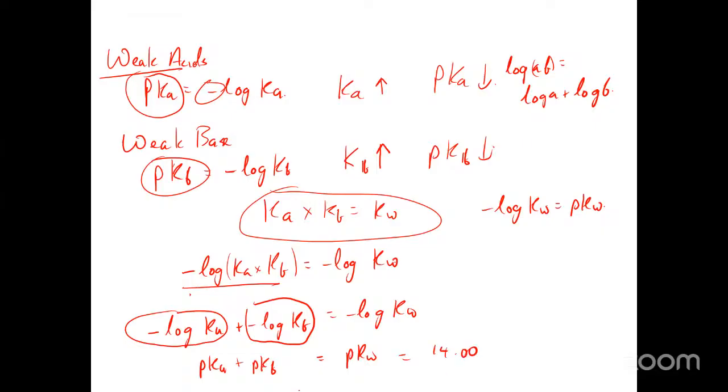So therefore, the relationship between pKa and pKb is pKa plus pKb is equal to 14.00, right? So this is one of those situations, again, where if you know one, you can easily calculate the other. If you know pKa, you can easily calculate pKb by subtracting pKa from 14 and vice versa, all right? So this is very important stuff, especially when we get to the next chapter.